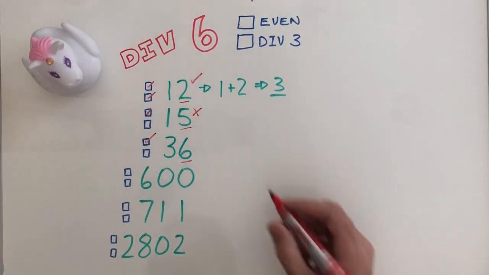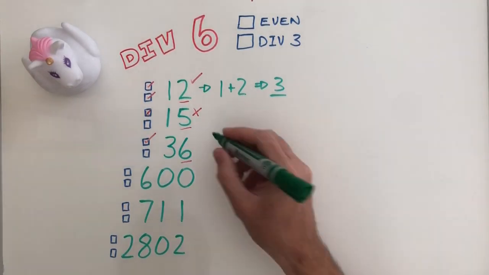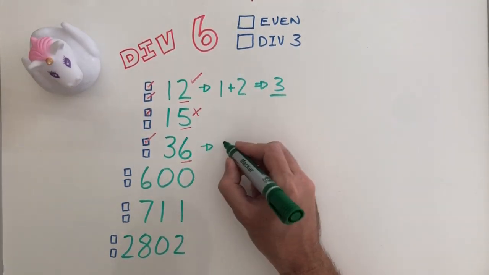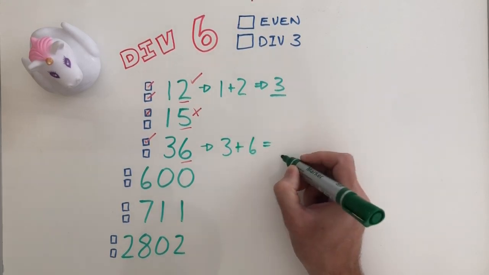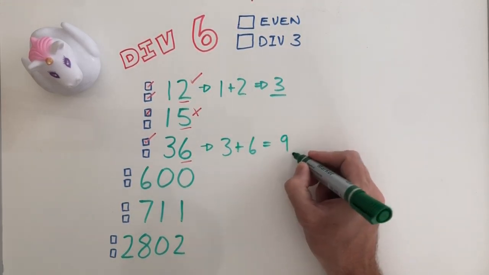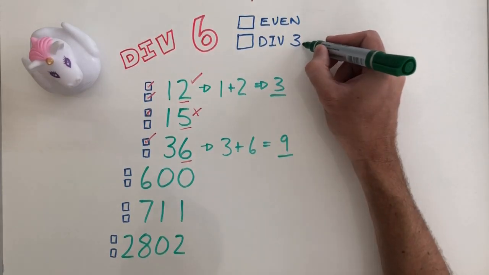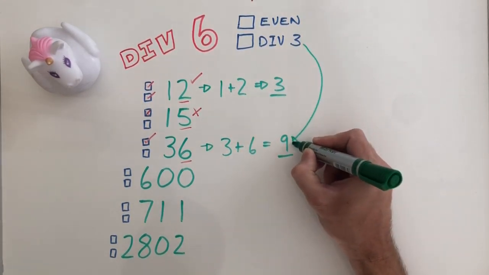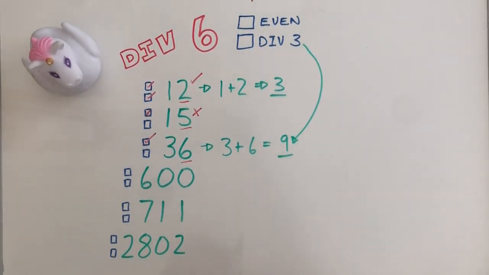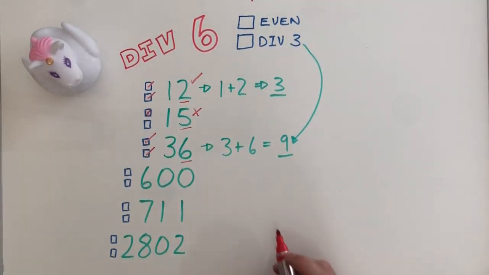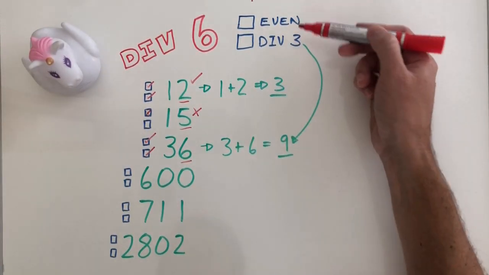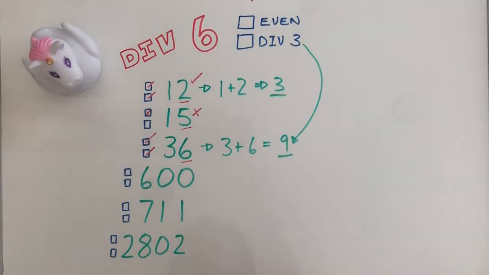Then the second test is whether the number is divisible by 3. To test that, I just add 3 and 6, which is 9. And I know 3 will go into 9. So yes, it passes both tests. 36 is divisible by 6 because it's an even number and because it's divisible by 3.